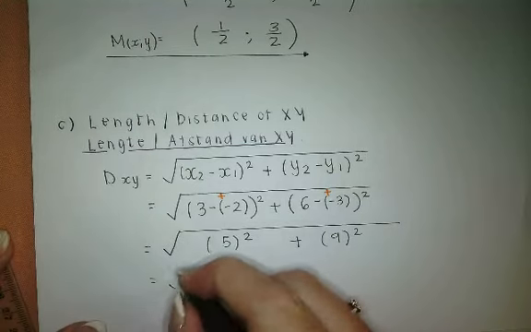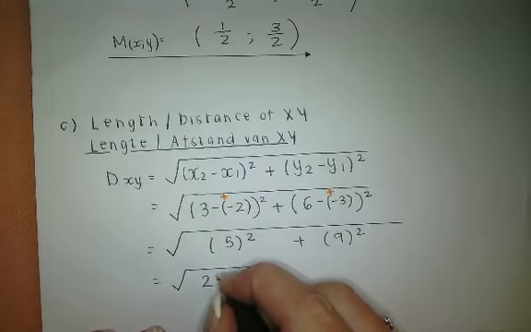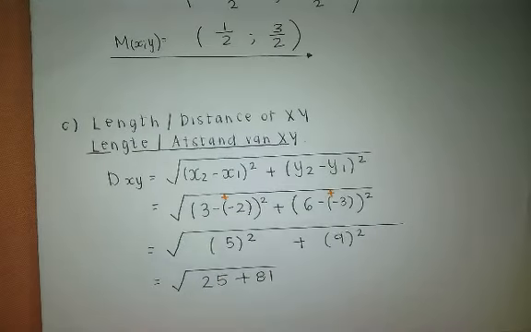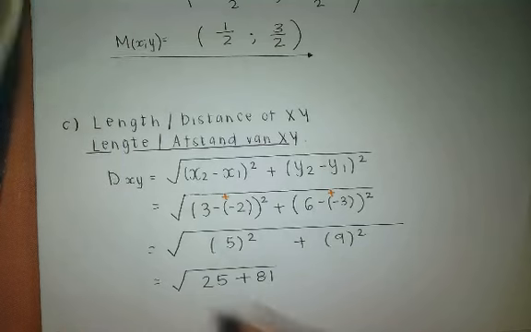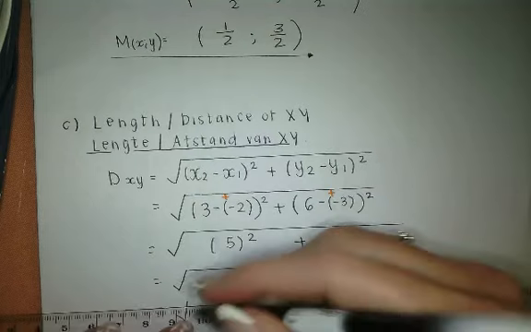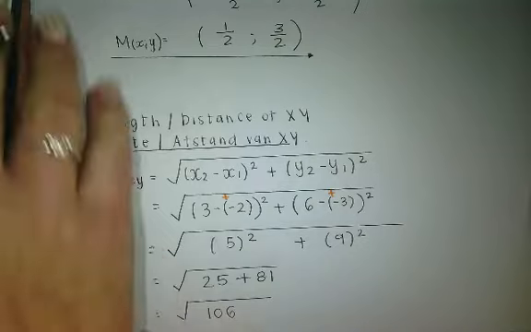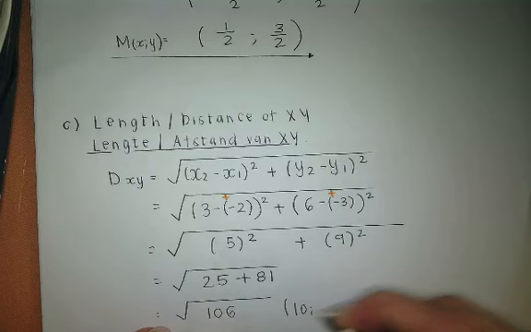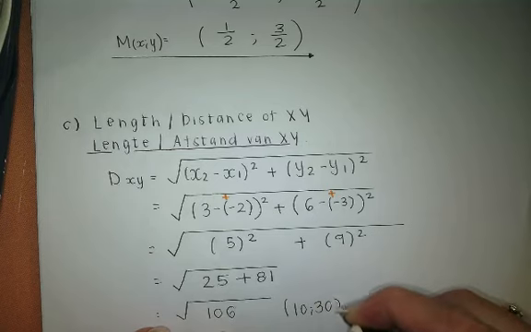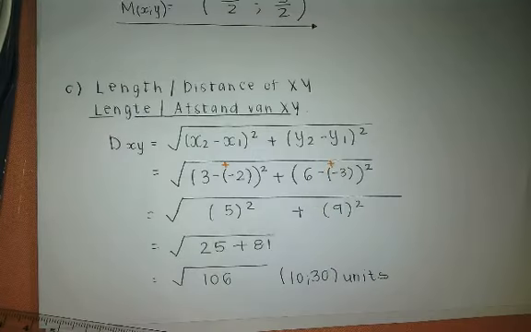So this is going to be the square root of 25 plus 81. 25 plus 81 gives me the square root of 106. You leave it like that, or you can push S to D, which is 10.30 units.